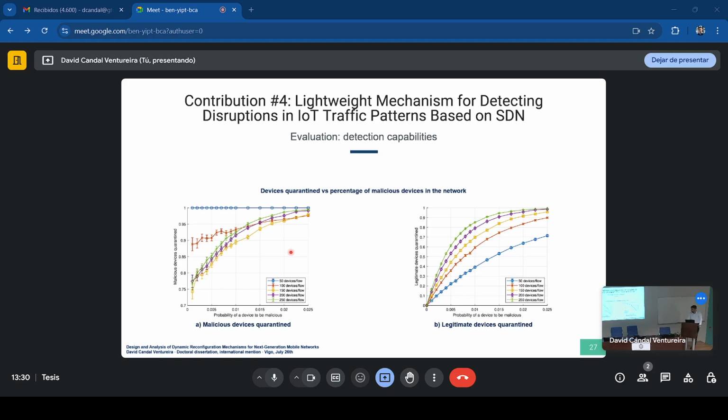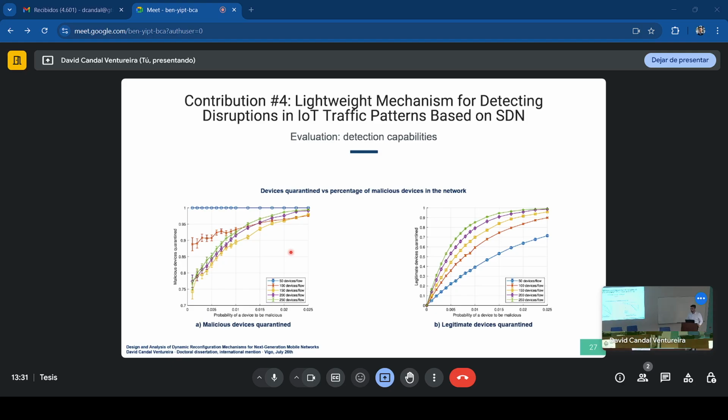In this analytical model, we used other parameters, but for detecting, that's the only one used. We compare the estimated throughput with the throughput we actually measure.